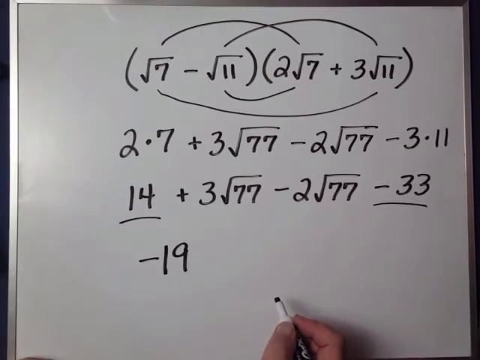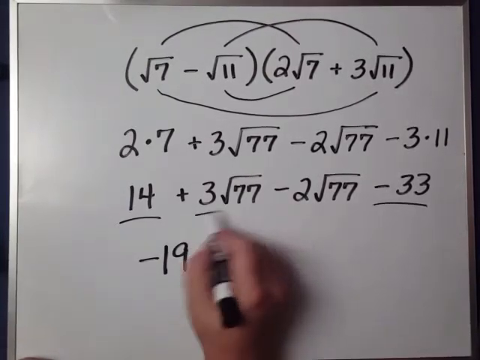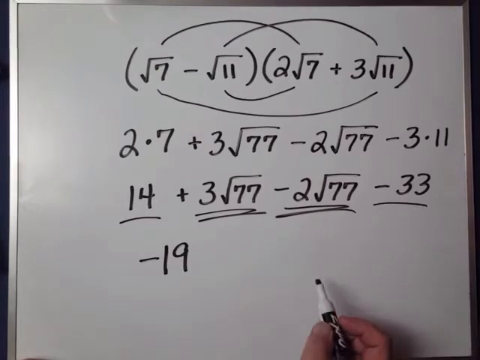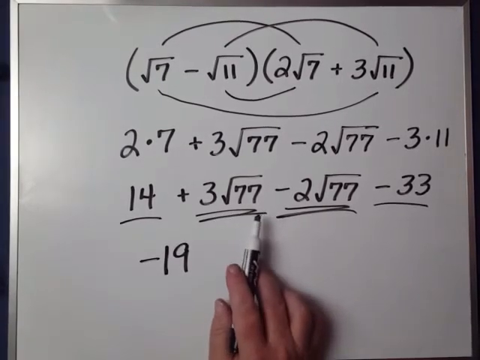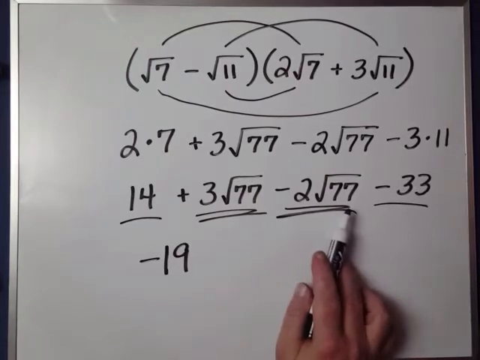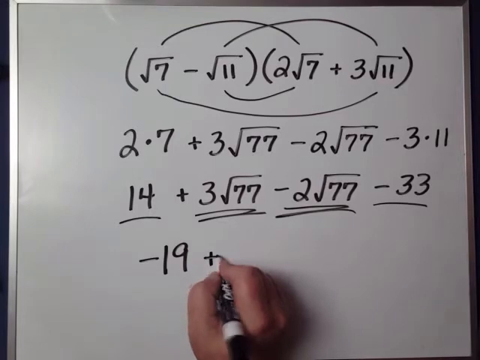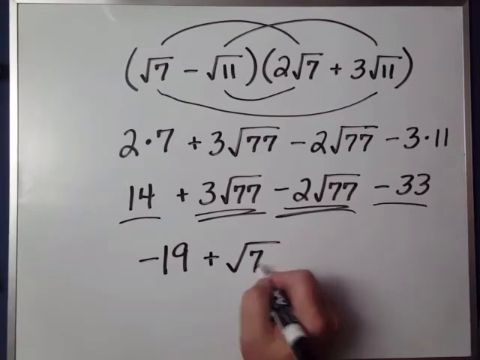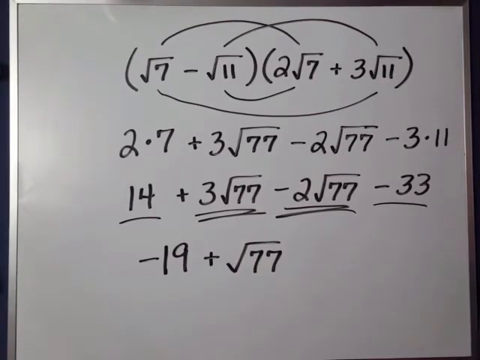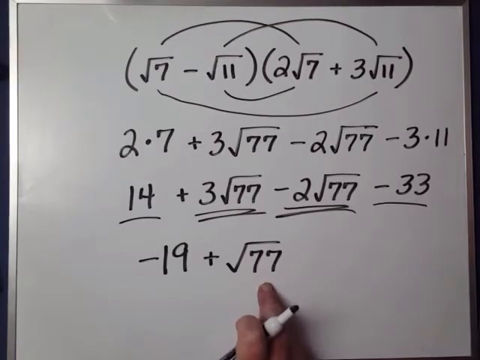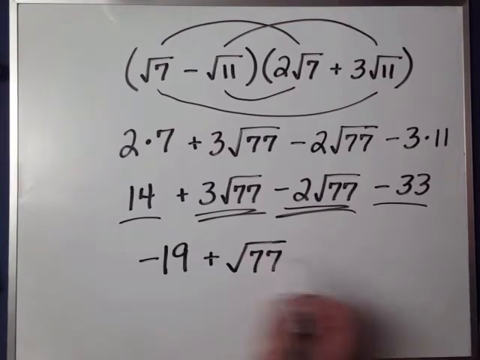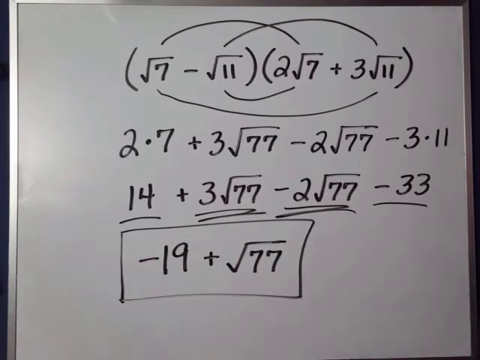There we go. And then our like radical terms, we have 3 square roots of 77 minus 2 square roots of 77 leaves me plus 1 square root of 77. We don't write the 1. 77 is just 7 times 11. There's no perfect squares hiding in that. And so this is simplified.